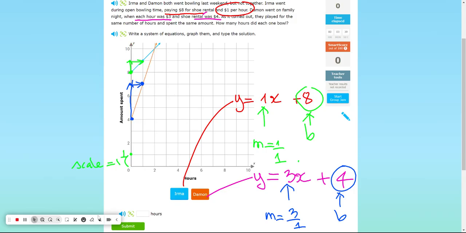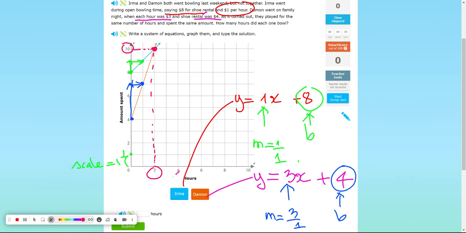Okay, so you can see over here the graphs of Emar and Damon meet right here. So it means at this point, both of them bowled for 2 hours, and the amount they spend is the same, which is $10.